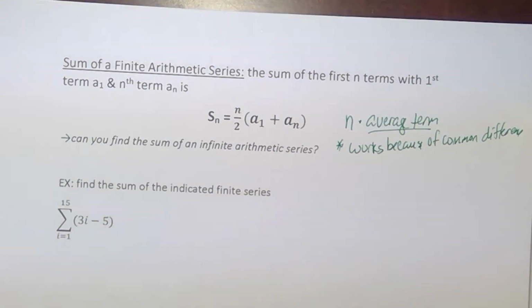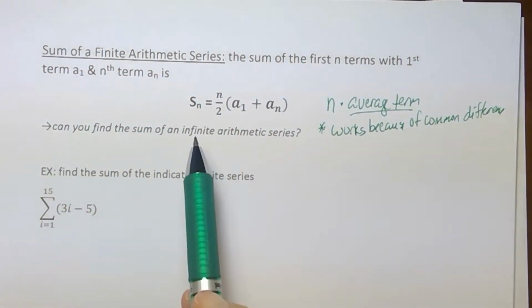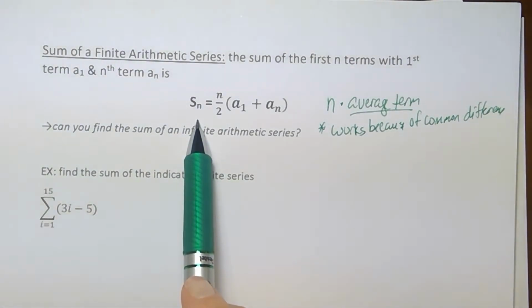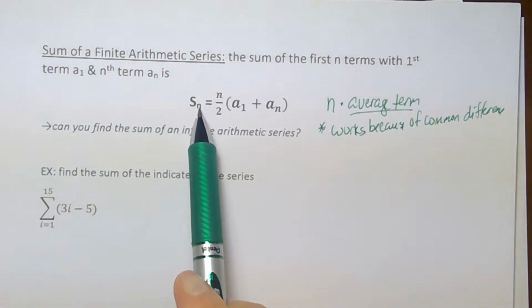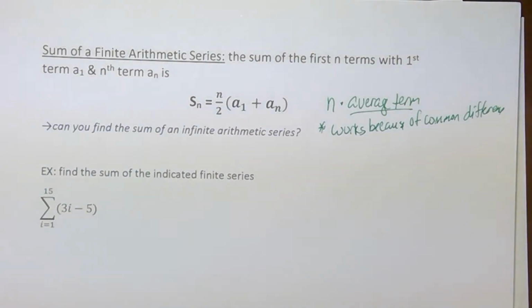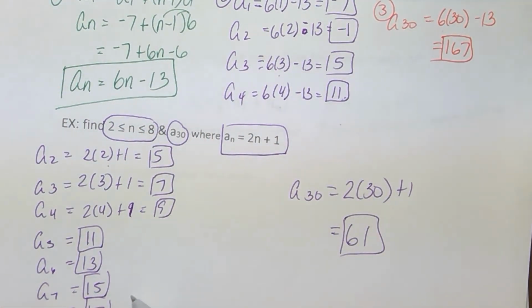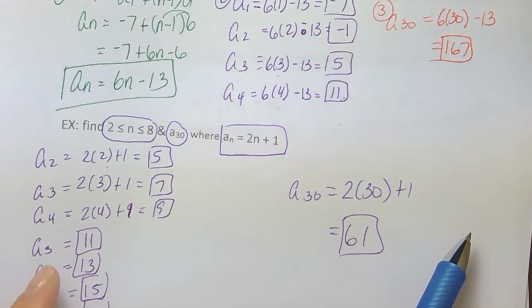Okay, I have a question for you. This formula implies that we have a finite series, or at least we're only interested in summing a finite set of terms. Could you find the sum of an infinite arithmetic series? Well, let's look back at that last arithmetic series where we were adding 2 each time. If it goes on to infinity, what's going to happen to each term?